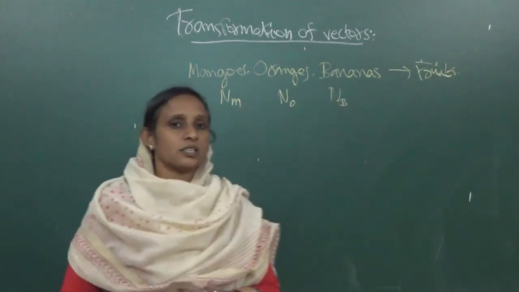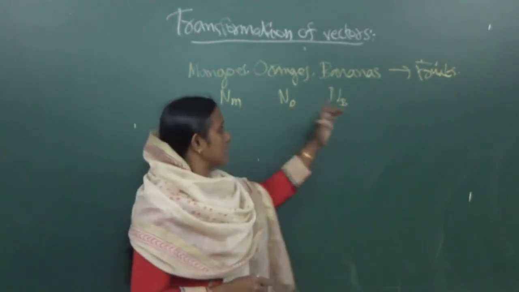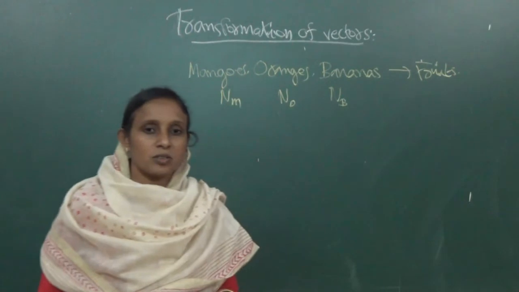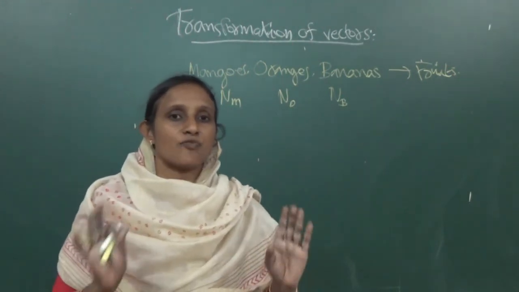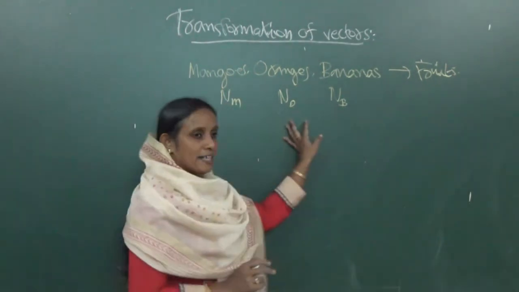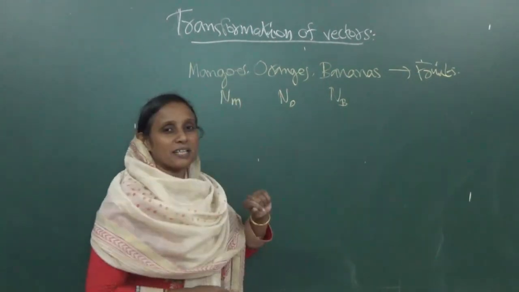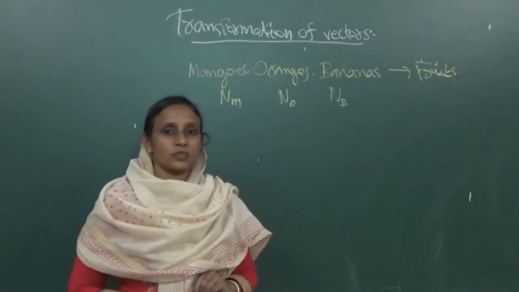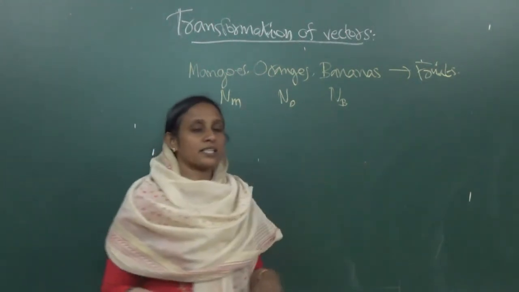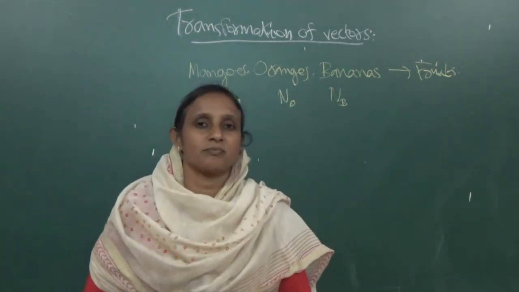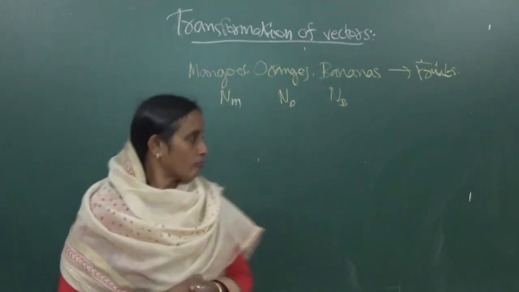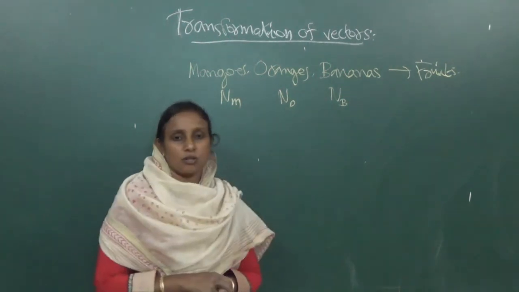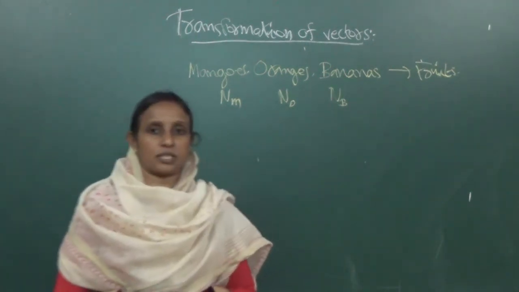The question is whether these three fruits form a vector, because in this case the fruits have three components: a mango component, an orange component and a banana component. So do these three components form a vector? We can check whether this happens in the case of a vector.